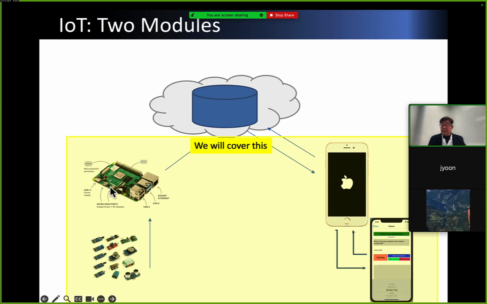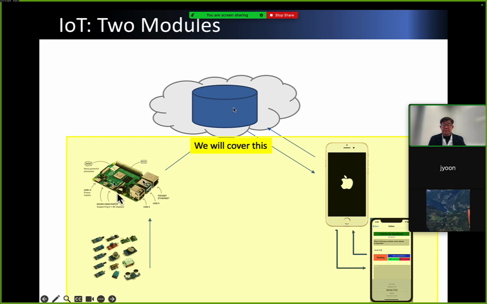And then your Raspberry Pi already has Wi-Fi connections. Then Wi-Fi can communicate with the cloud server. Remember that this cloud server will be designed by me only at this point. So this class will cover only the bottom, the yellow region here.